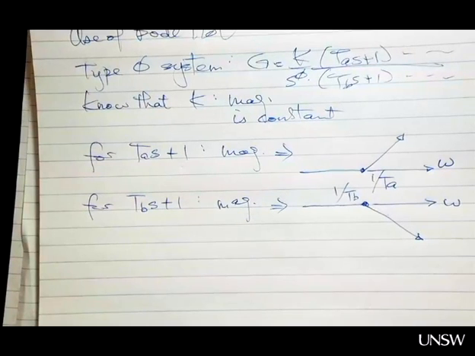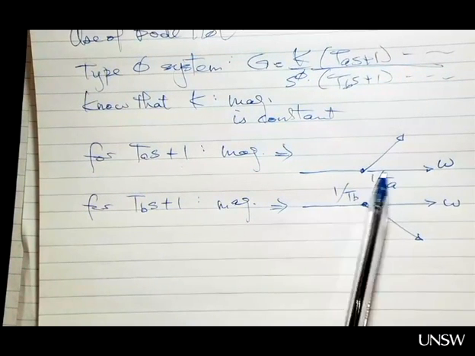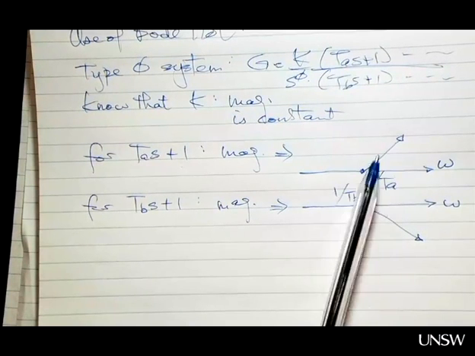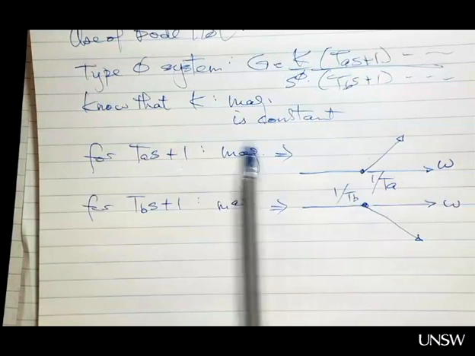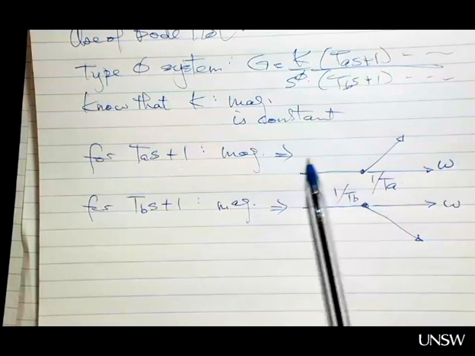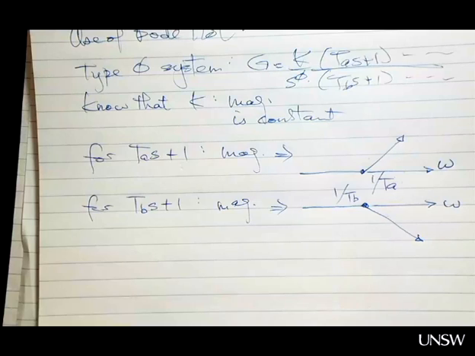Okay, agree with this? So depending on the numerical values of our T_A and T_B, the resulting magnitude curve will be different.